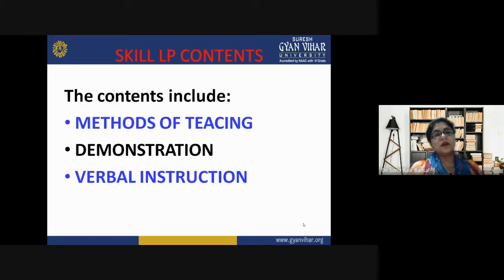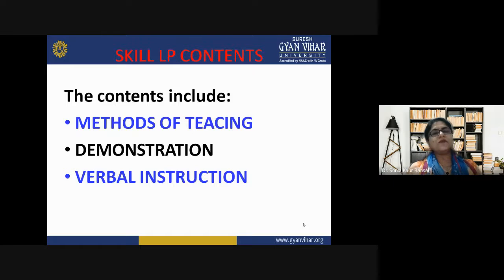Skill lesson plan contents include methods of teaching, how you are going to teach, and then demonstration. First of all, if you want to develop any skill among your students, you have to demonstrate. When we are talking especially about English teaching, the four skills are listening, speaking, reading, and writing.